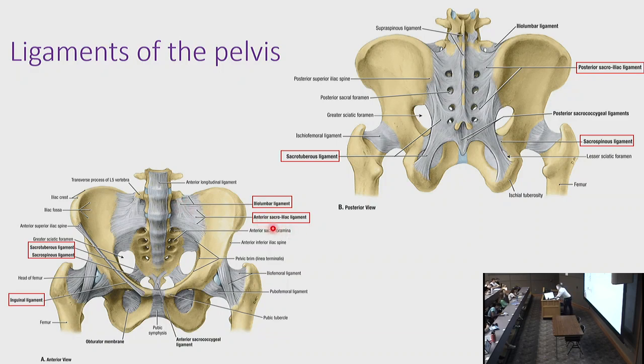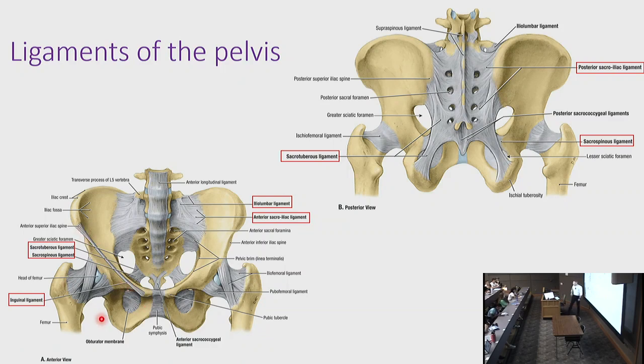Now we have these anterior sacroiliac, posterior sacroiliac, and interosseous sacroiliac ligaments. Those are going to be the main ligaments transmitting the weight from the upper body onto the hips. Now this is our friend here, our inguinal ligament. We saw this one a lot on the last exam unit.